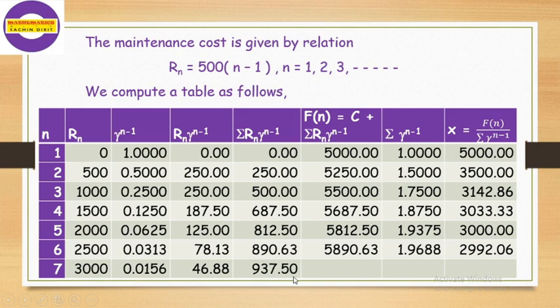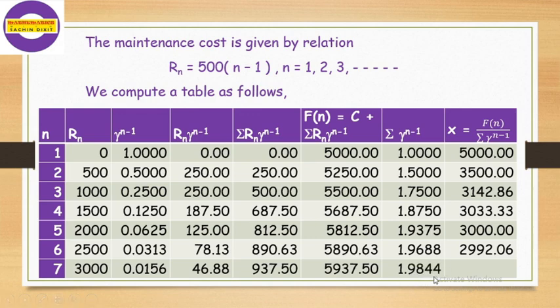We get 937.50. Then we add the cost of the machine. We get 5937.50. Then to find this summation gamma raised to n minus 1, we add this 0.0156 to 1.9688. So we get 1.9844.